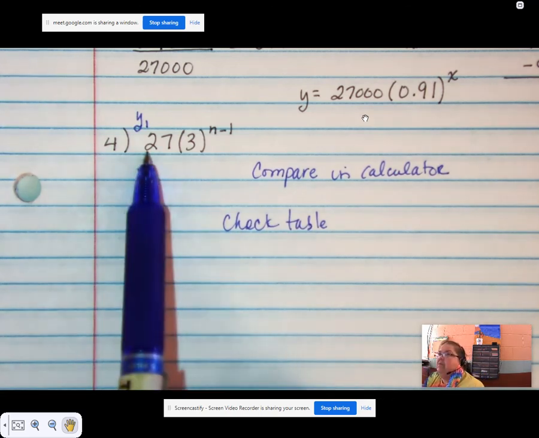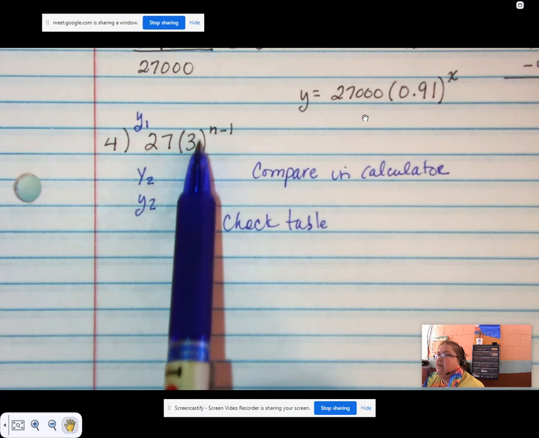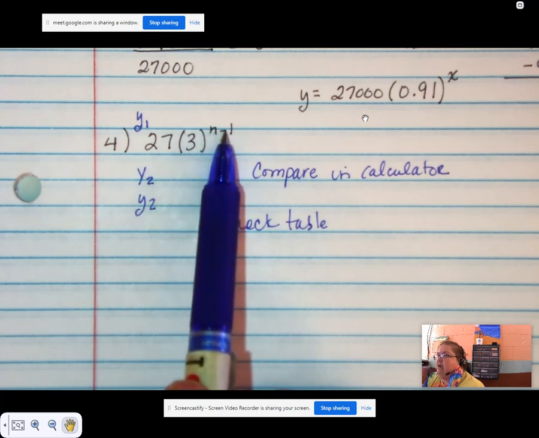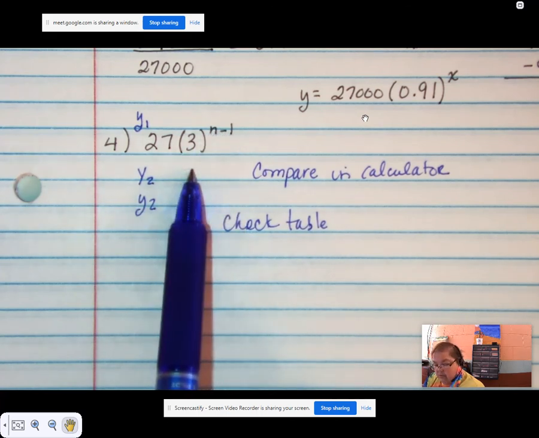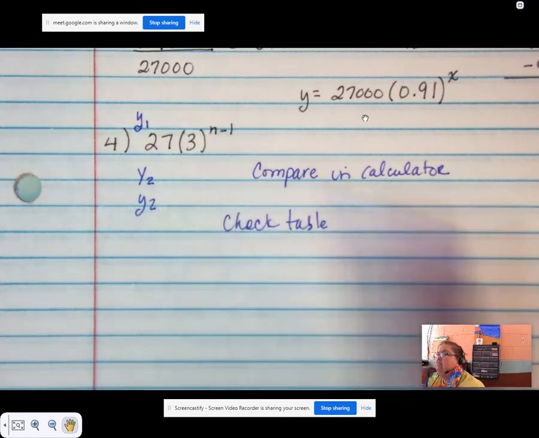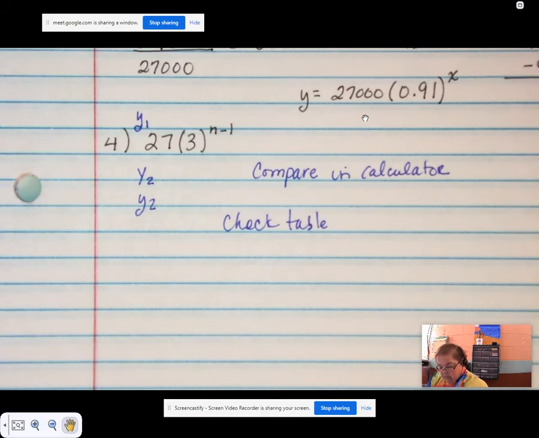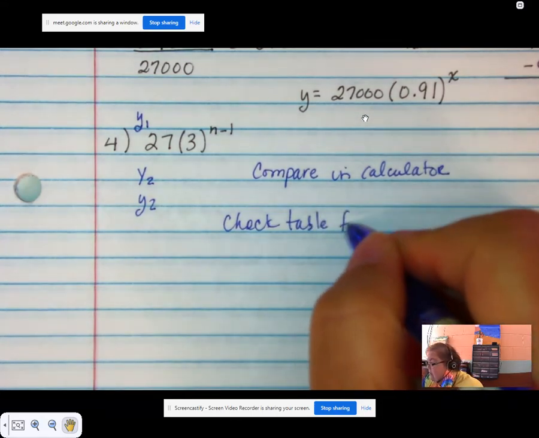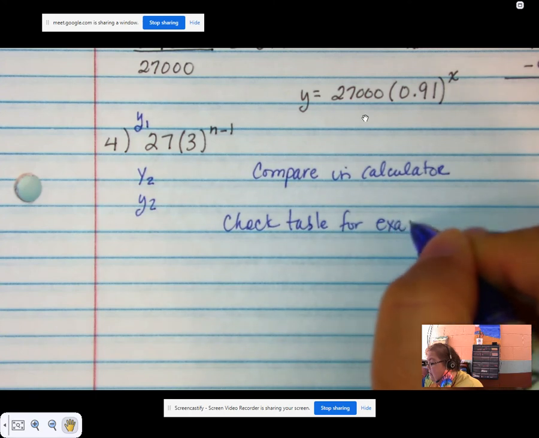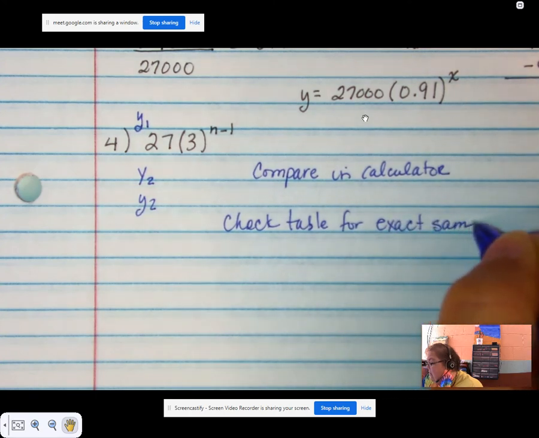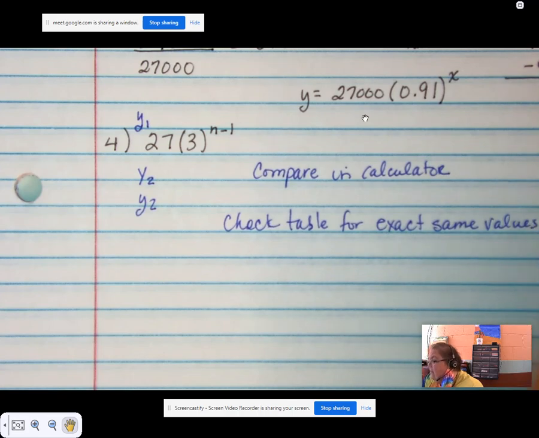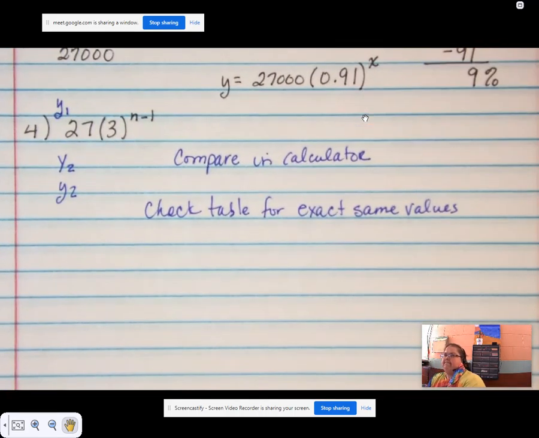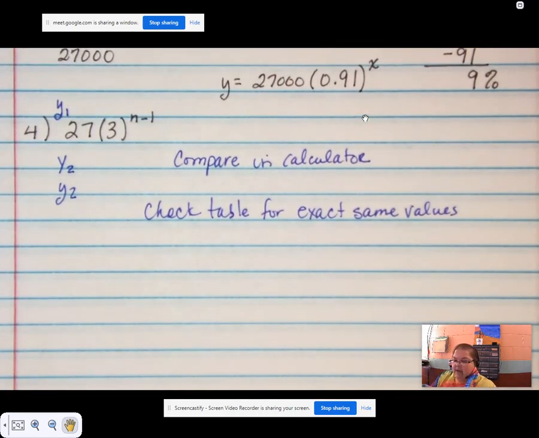But you would just type this one in just like it is, except in the calculator we have to use X there, right? And then you would type in that answer choice, 3 to the 3n minus 3, and then C, check the table for exact values. Okay? So that's just a reminder of how we work growth and decay. Okay?